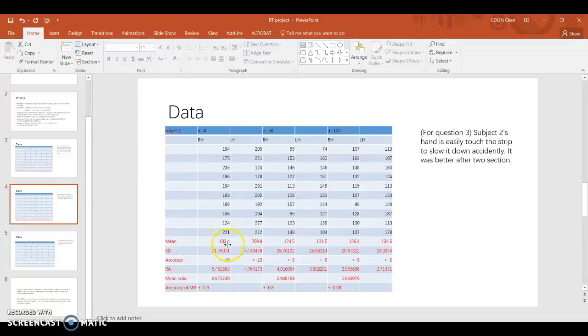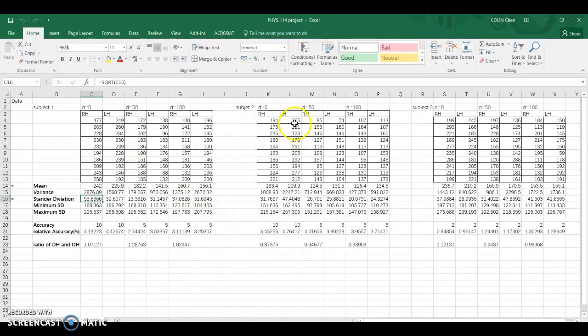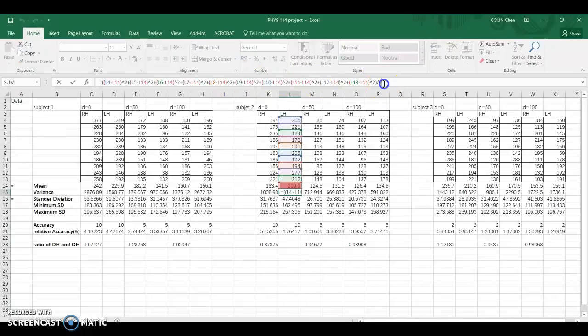The standard deviation detail is here in my Excel, and here's the equation: use each data point minus the mean value, square them, and add them together, divided by 9 to get the variance, and then take the square root of the variance to get the standard deviation.